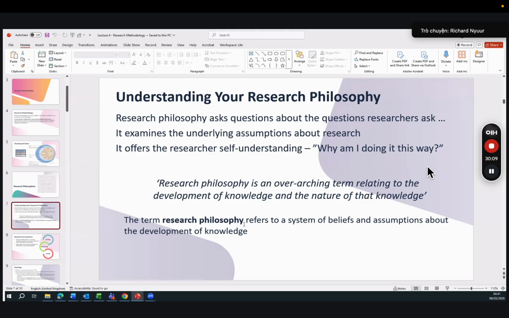And the research philosophies is pretty much looking at how knowledge is developed, and the nature of that knowledge.